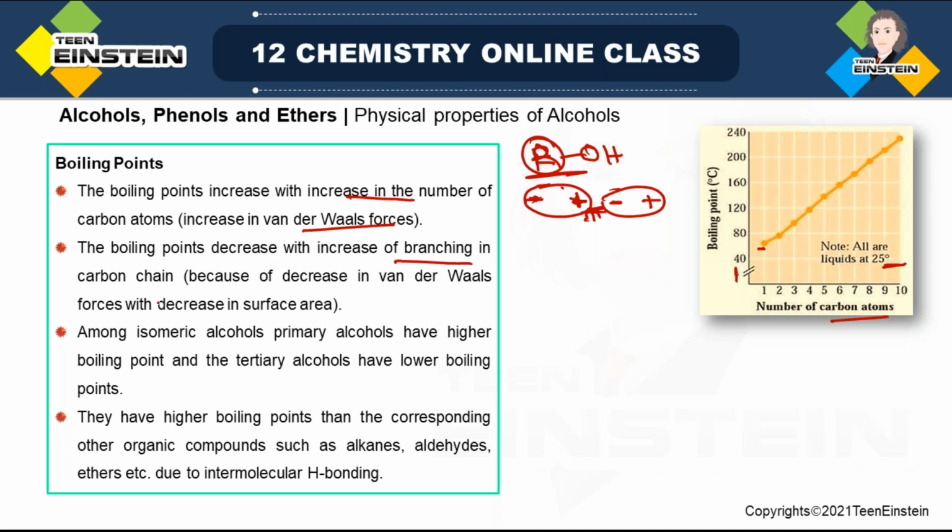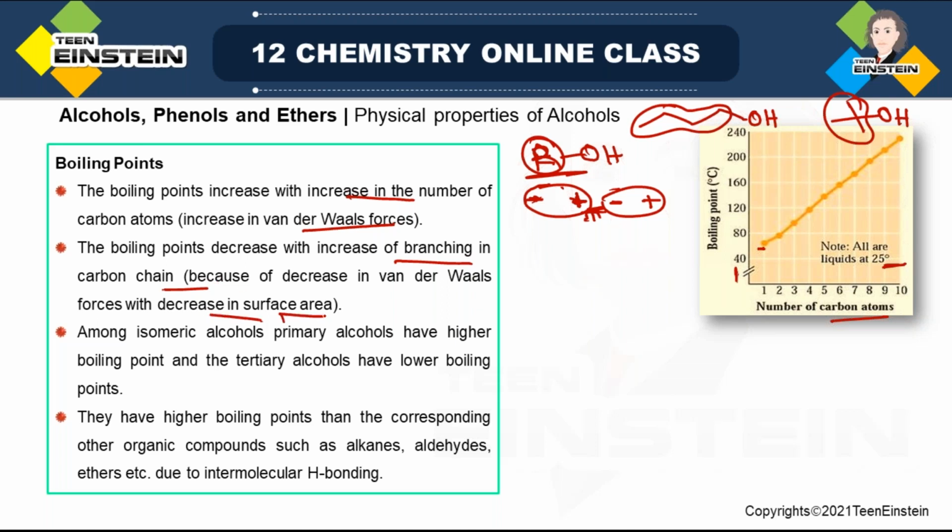Boiling point decreases with increase of branching in the carbon chain. Now, if you keep the carbon number the same and increase the branching, suppose you have butanol, 4 carbon, then OH. But for the same molecule, if you have tertiary butanol, it is more spherical in nature, whereas this is linear. Now when it is more spherical in nature, that is an increase of branching. More spherical means, as we know for a sphere shape, it always has less surface area.